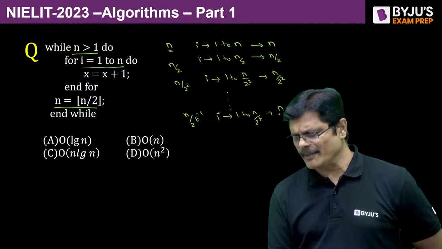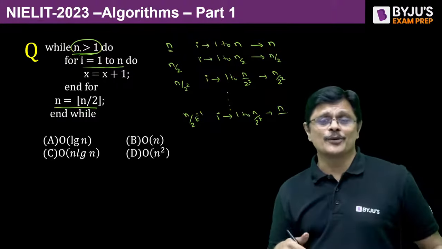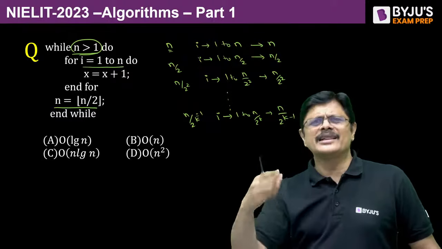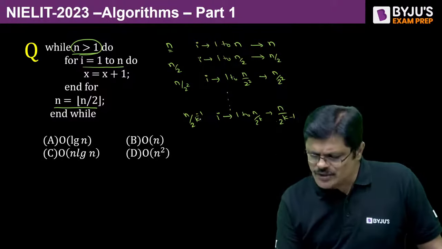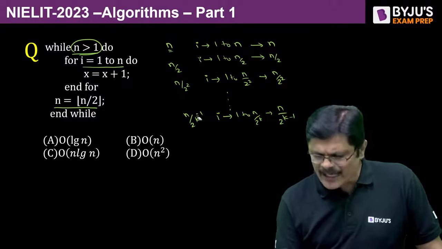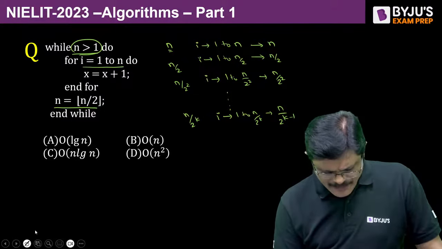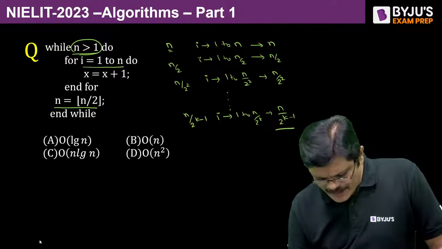For n is equal to 1 you come out of the loop. So maybe n by 2 power k minus 1, till that time only this iterates. When n is equal to 2 power k you come out of the loop. So you can say n by 2 power k is 1. So this is the work done, my dear friends.